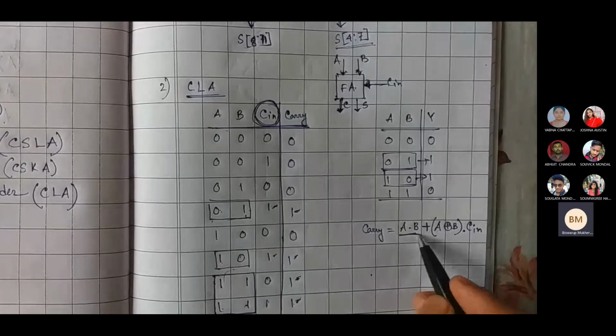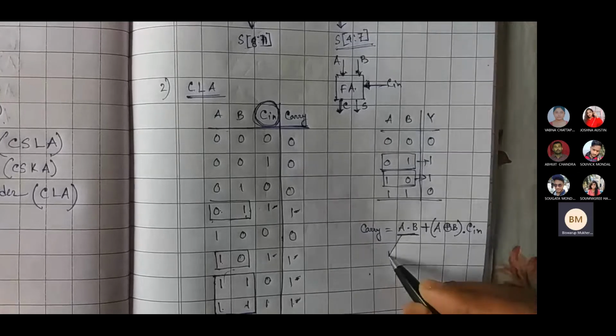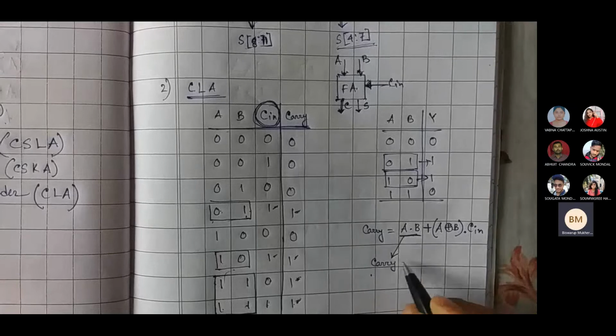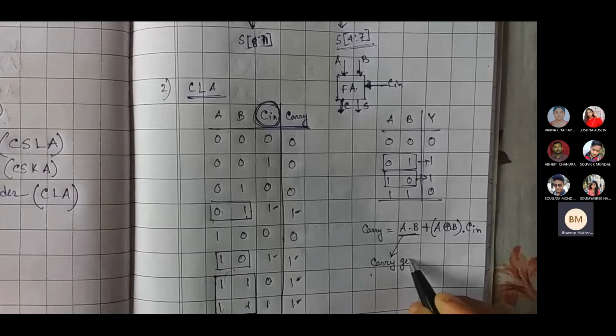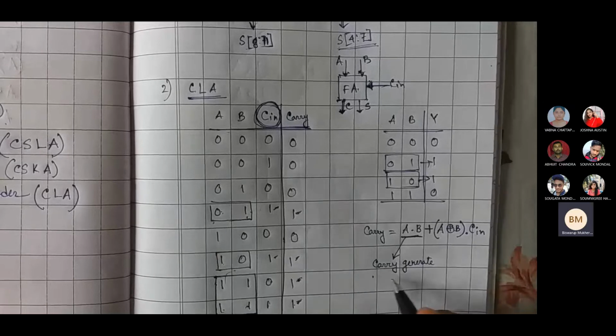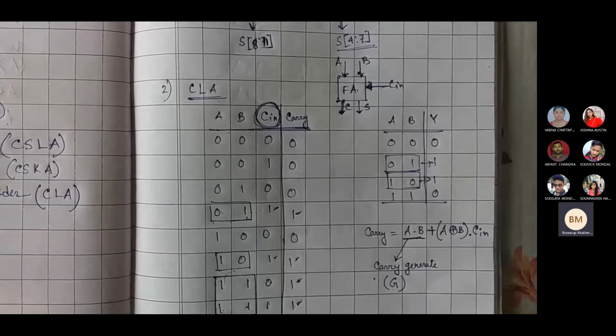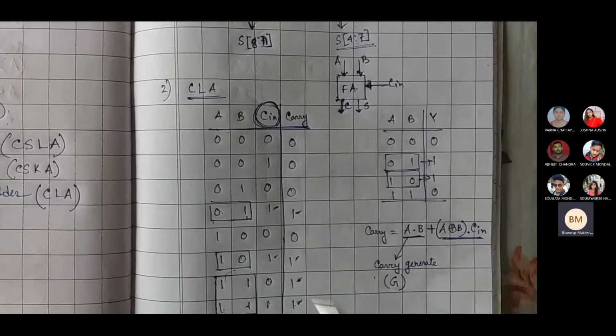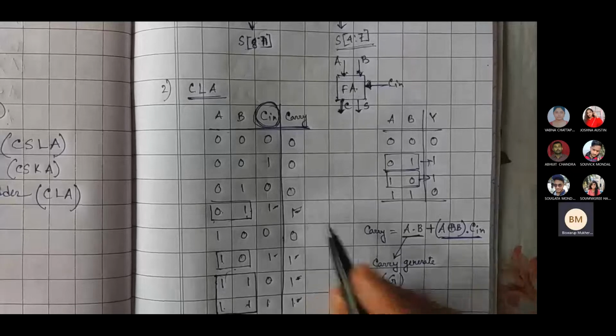That is why this particular term A dot B is called carry generate, generally denoted by G.